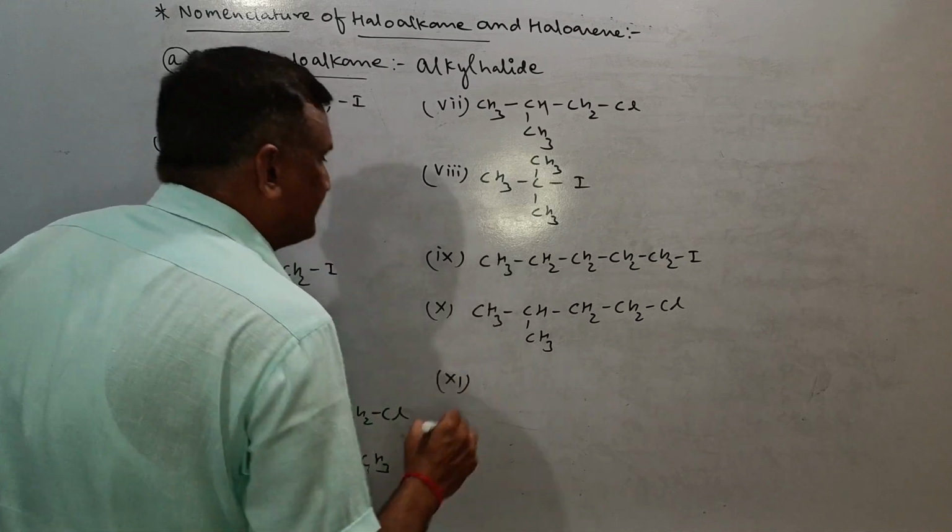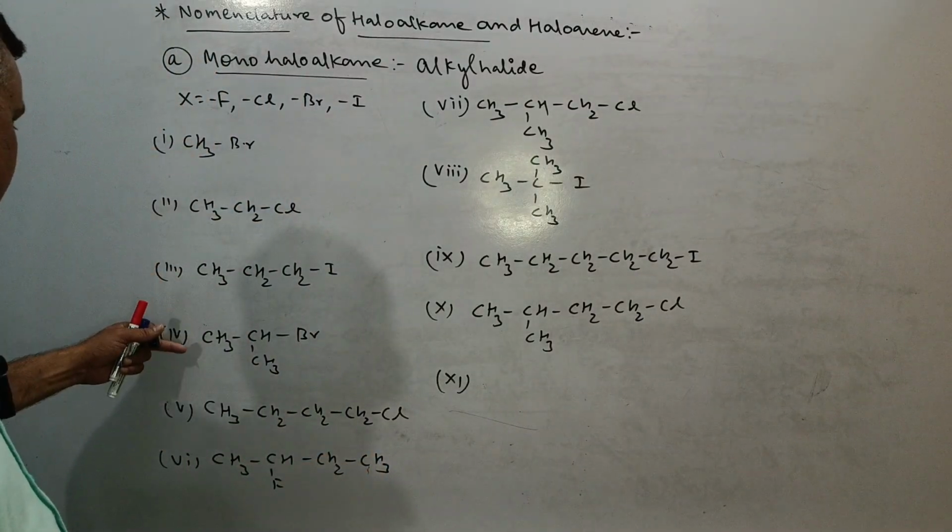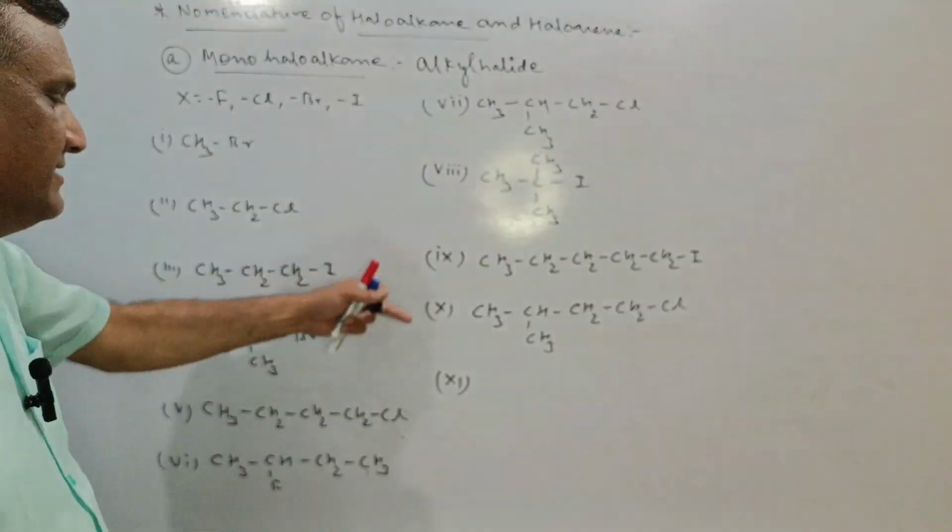As the 11th compound, we can take 1, 2, 3, 4, 5, 6, 7, 8, 9 and 10.